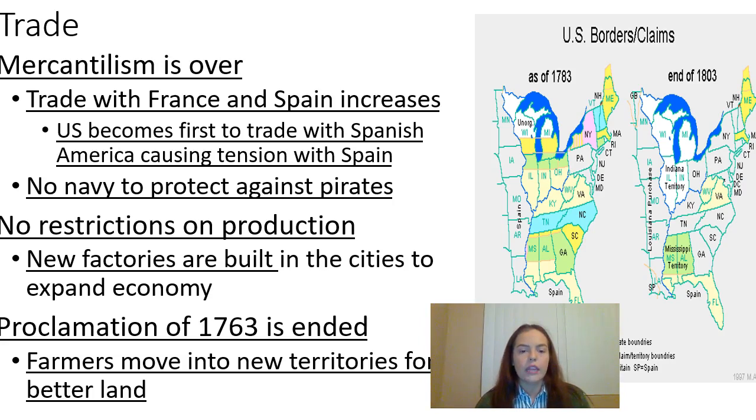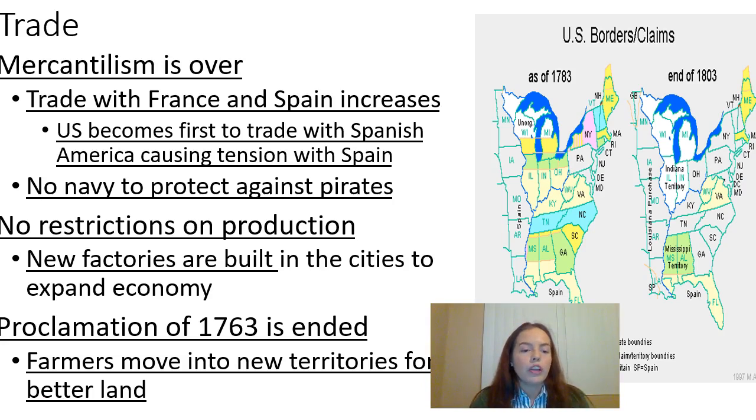So as a result, they would place a restriction on the colonies saying that you can no longer make any hats, and any hats that you would like to purchase must come from Britain. But now that we are no longer a part of Britain, this restriction is no longer valid, as well as other restrictions similar in nature. So we see new factories being built in the cities in order to expand our economy and start to get some money back into our economic system.